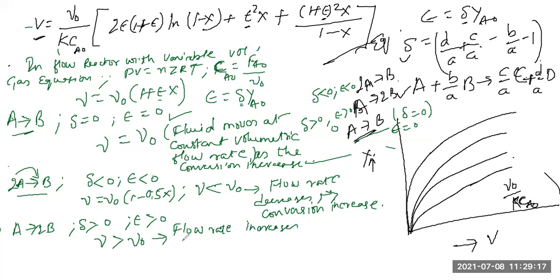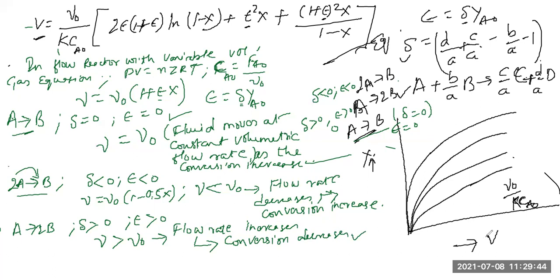When the flow rate increases, what will happen to conversion? Flow rate increases means reactants will quickly cover the length of the reactor or the volume of the reactor, and they will quickly come out from the other end, right? That is, they have less time inside the reactor. So conversion decreases, right? This is important.